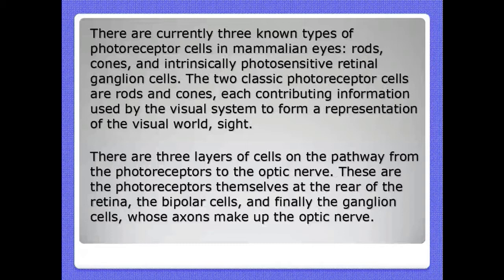They are present on the retina near the bipolar cells, and finally the ganglion cells are present at the backside of the retina, whose axons make up the optic nerve. So the tails of the ganglion cells actually go to form the optic nerve.